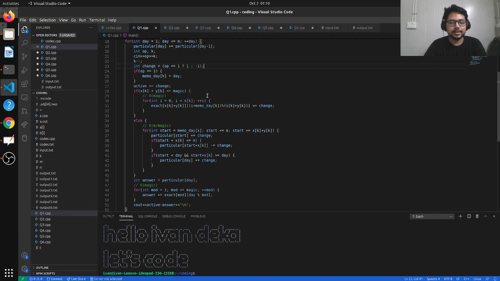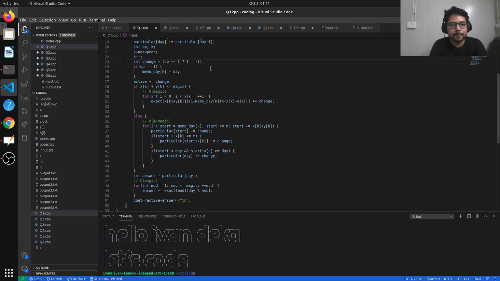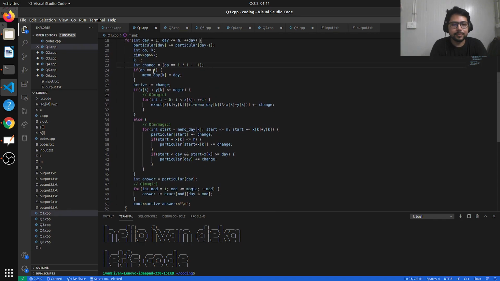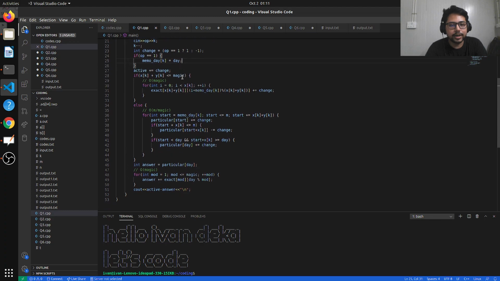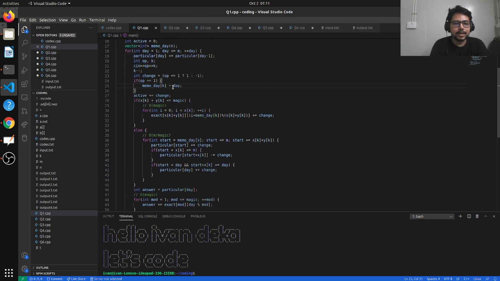A similar thing is happening here. Change represents 1 if a train is added, or -1 if a train needs to be removed. Now if op is equal to 1, then it's obvious, we keep track that it is this day on which a train entered. And active here represents the total number of trains that are available in the department.